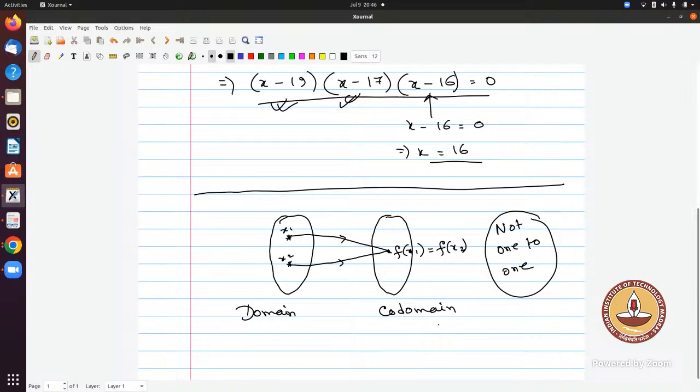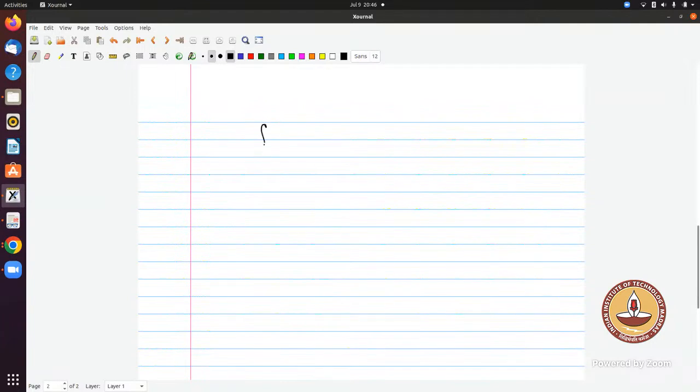Suppose I am giving you an example. The usual example which I start with is x square plus 9. Is this function one to one? No, sir.